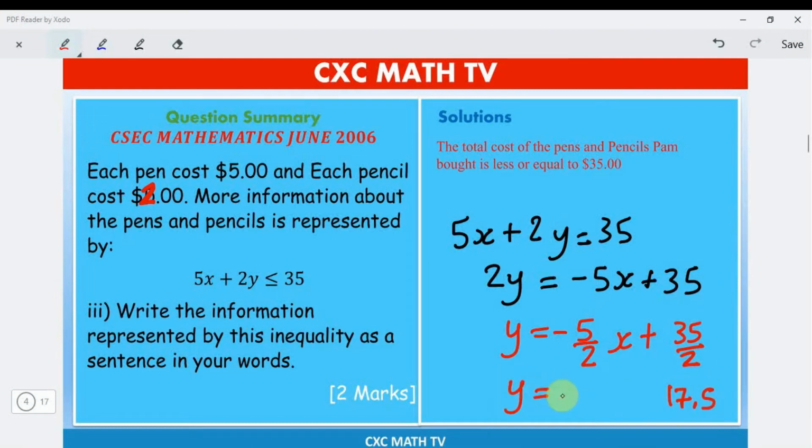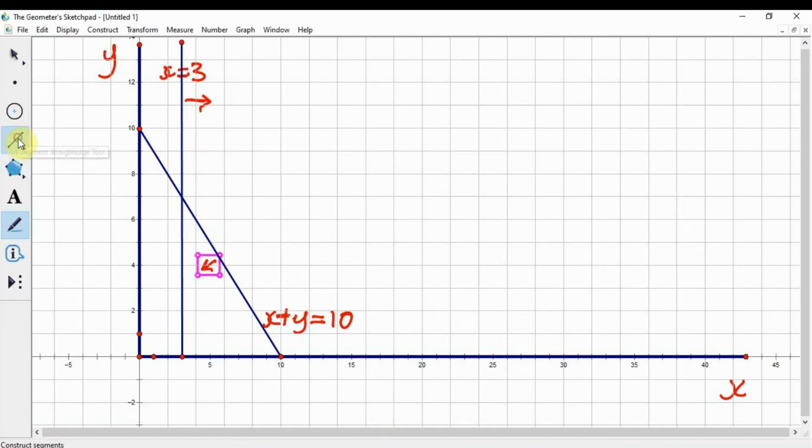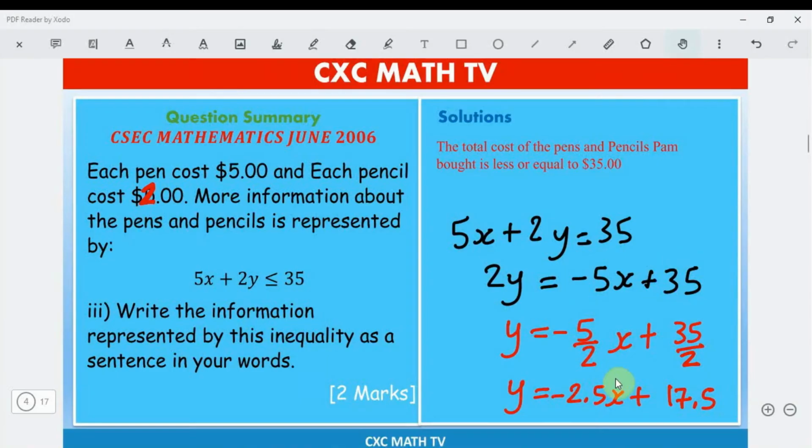So this is a line with a negative gradient, negative 2.5, and a y-intercept of 17.5. So with that being said, let's go ahead now and put that on the graph. The line y equals negative 2.5x plus 17.5.